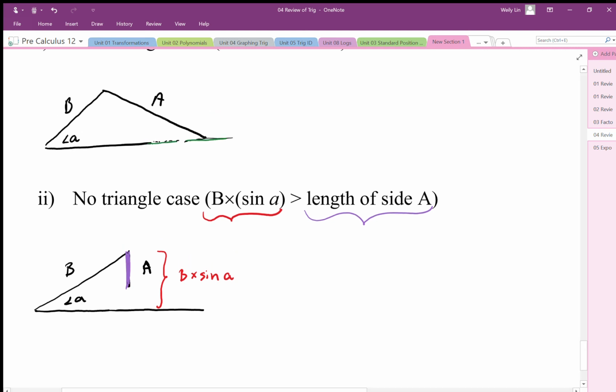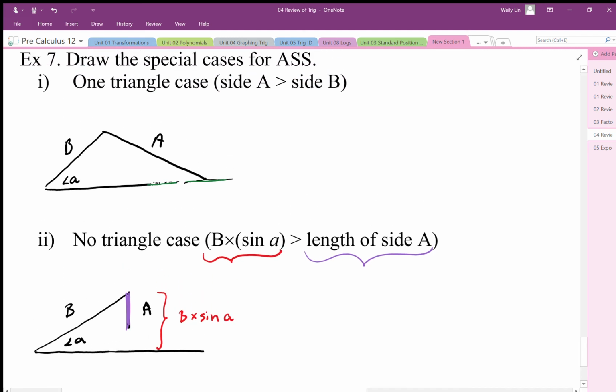So these are two special cases. When the opposite side here is too long and it's longer than side B, it won't be able to make another triangle. If this side is too short, it won't even touch the bottom here, and the length of that vertical is B sine A. If that length here is shorter than B sine A, then it can't make any triangle.